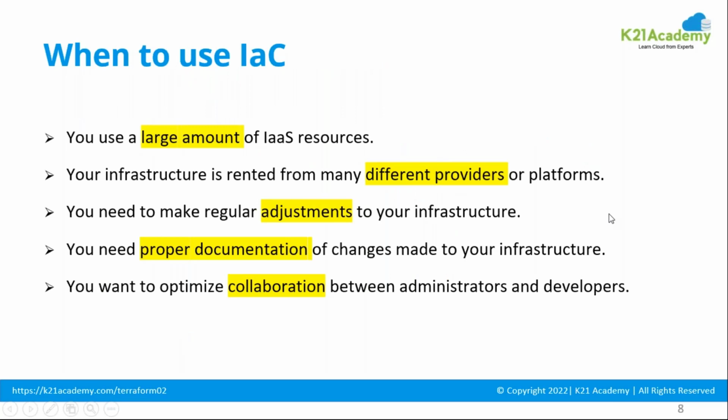And that is where I would like to add some points on when you should use the infrastructure as code approach. Okay, when you have a large amount of infrastructure as a service resources. When your infrastructure is rented from different providers, irrespective of running it only on premises.